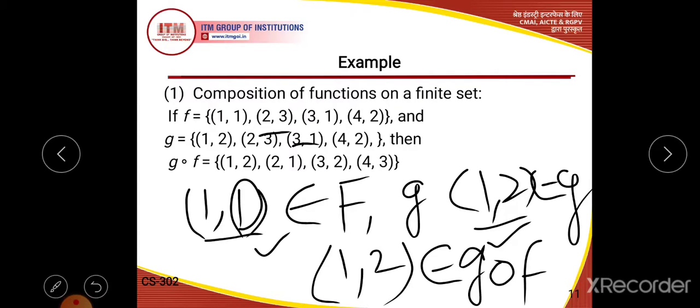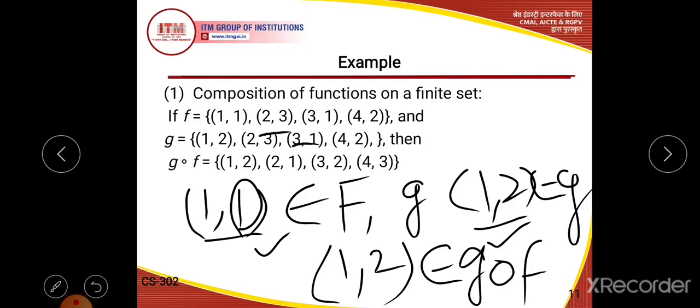For the composition of function, if (2,3) belongs to F, we have to choose the ordered pair in G whose first coordinate is 3.